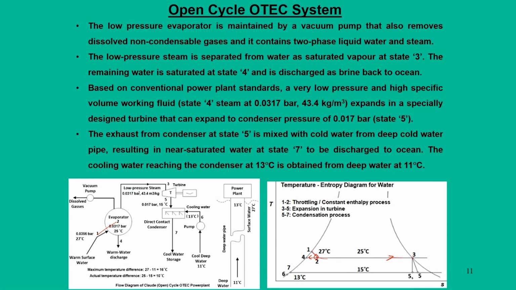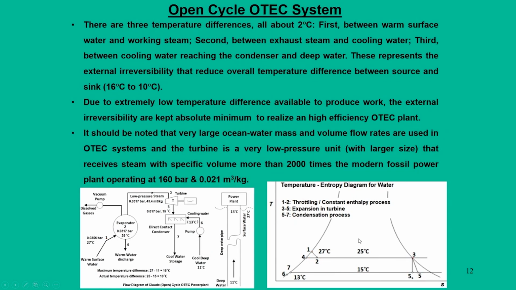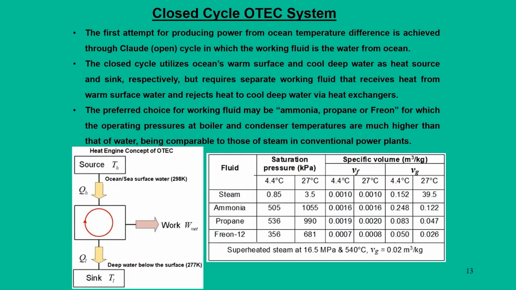From 3 we have low pressure steam which expands till 5 and then enters the condenser at 15 degree centigrade. So, essentially we have a 10 degree temperature difference available for running this cycle. Okay, so this is all about the open cycle plant.